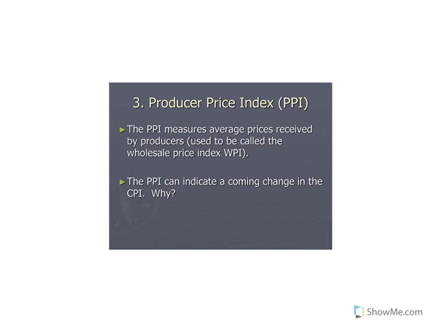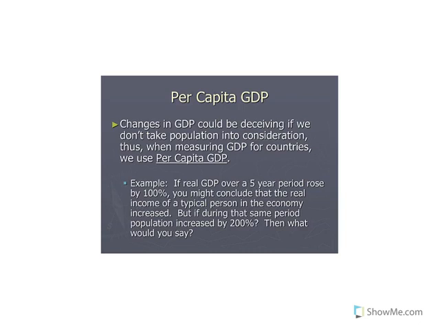The last thing that I want to touch on in terms of Chapter 5 would be how we often express gross domestic product. Oftentimes we look at it on a per capita basis, and that's because if we don't, it could be deceiving if there's huge population changes. So for example, let's say real GDP over a 5-year period rose by 100%.